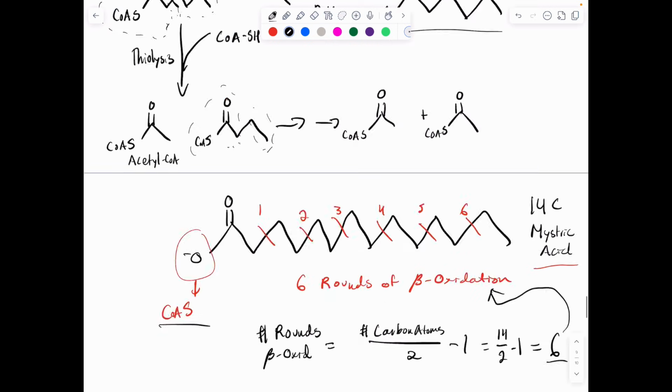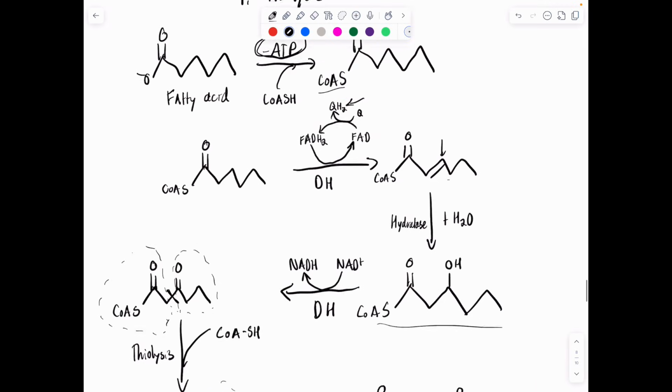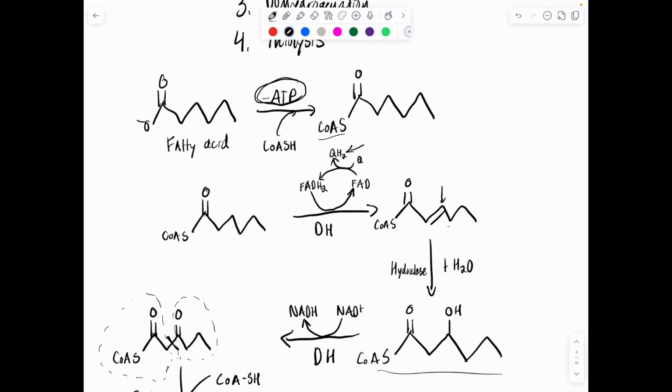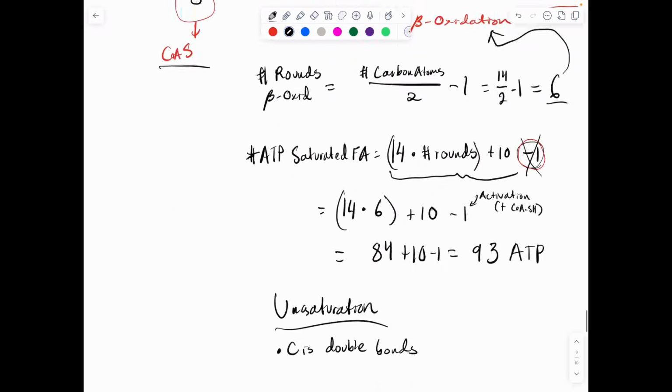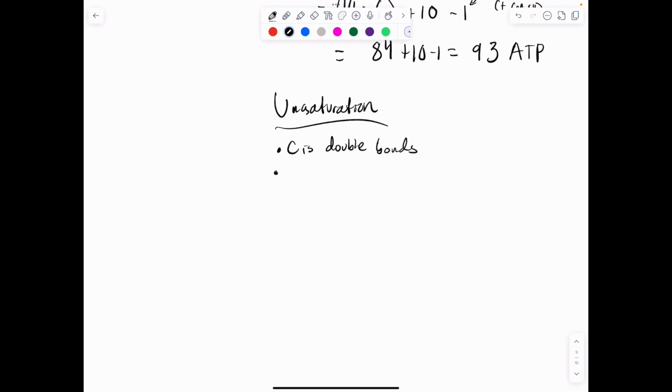And we know from up here that there are no cis double bonds in beta oxidation, right? There's no cis double bonds here. And so what essentially has to happen is we have to convert our cis double bonds into trans double bonds.